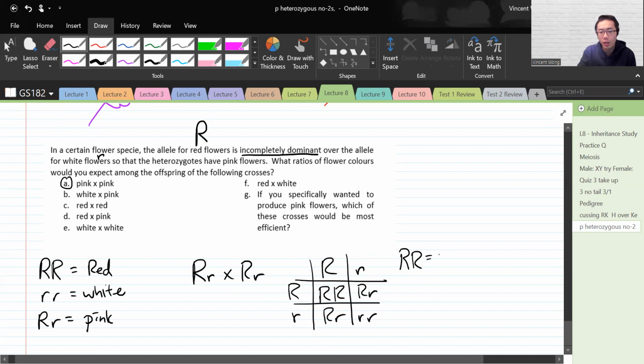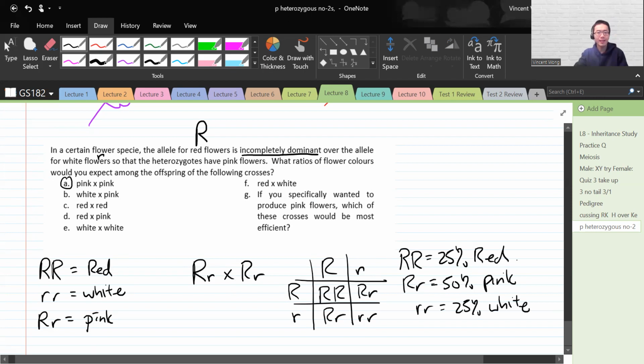So 25% red, 50% pink, and then 25% white. Okay? That's it.